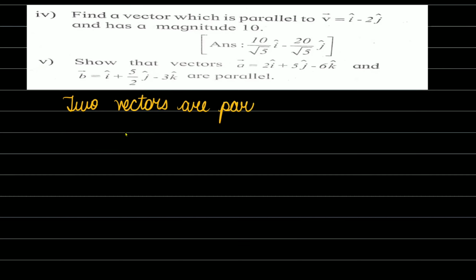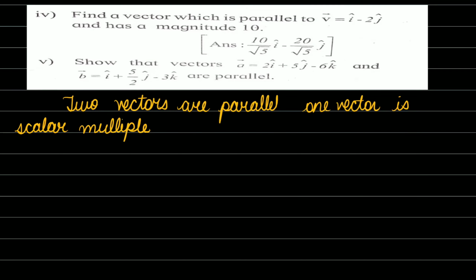Before that, we should know that when two vectors are parallel, one vector is a scalar multiple of the other vector.